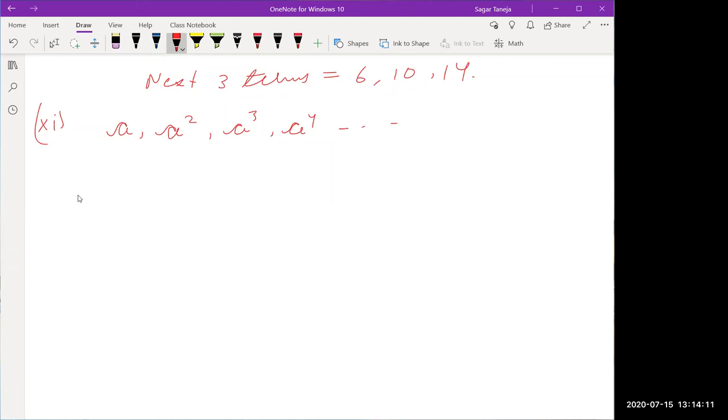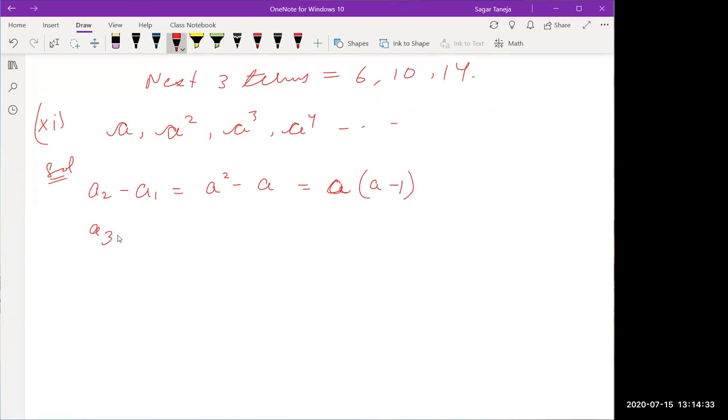See how. First of all, subtract A2 and A1, a square minus a. Take a common. Yeah, Yug is saying, sir, it is GP. Yeah, it is geometric progression, it is GP.